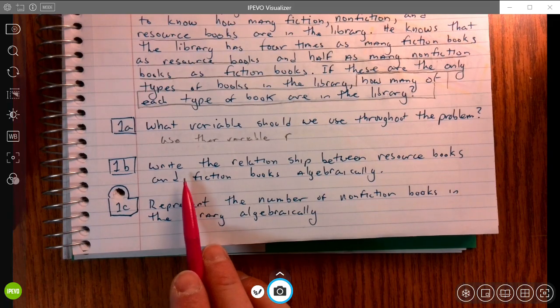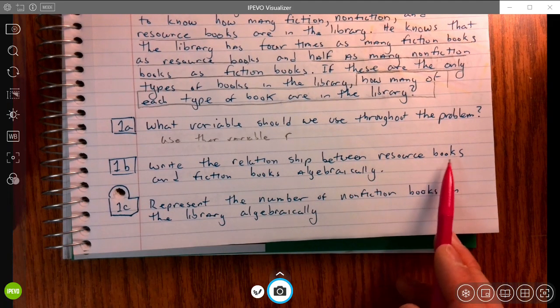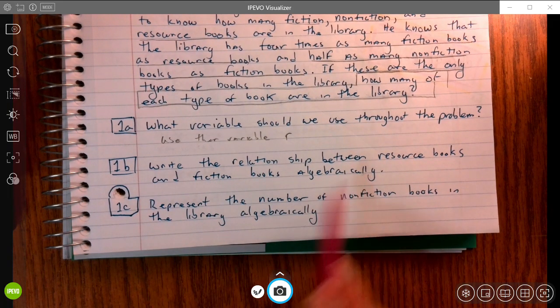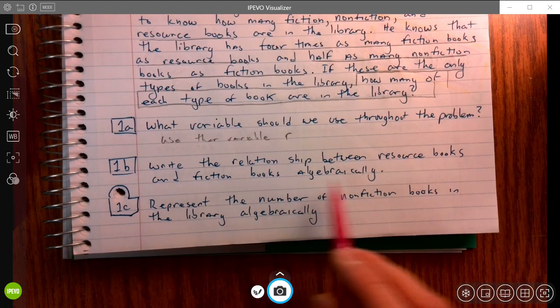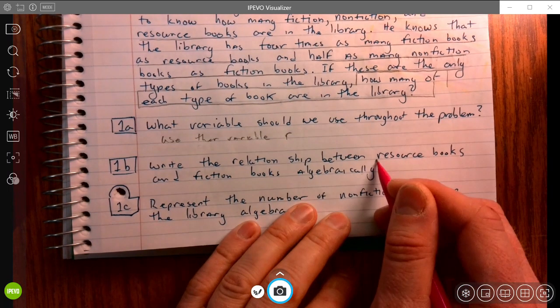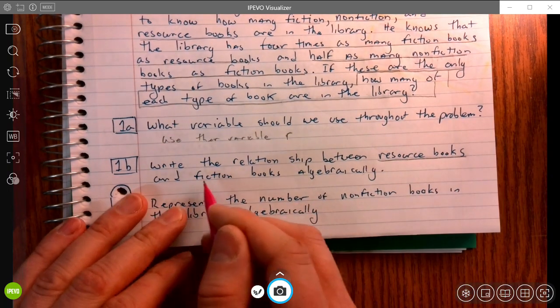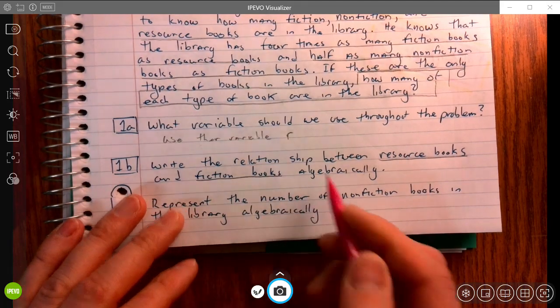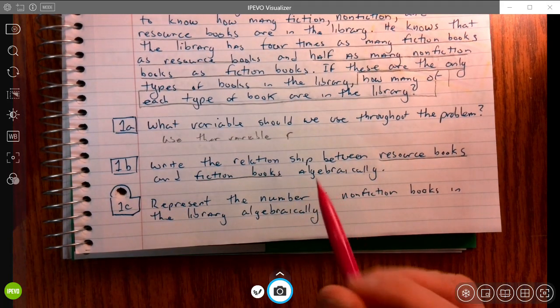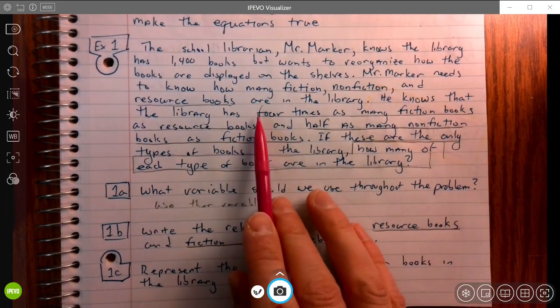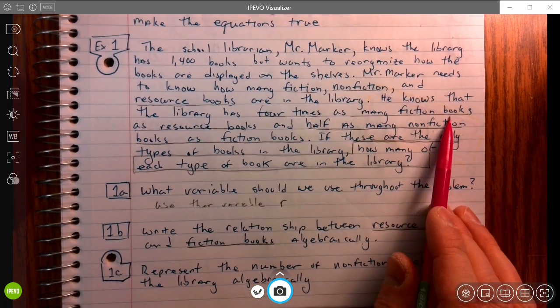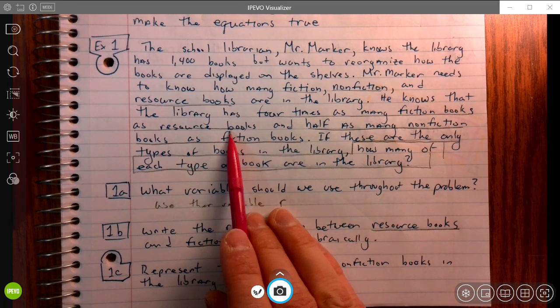All right, so it says write the relationship between resource books and fiction books algebraically. Okay, so let's go back to the question. It wants to know the relationship between resource books and fiction books. And we're going to write an expression for that algebraically. The library has 4 times as many fiction books as resource books.